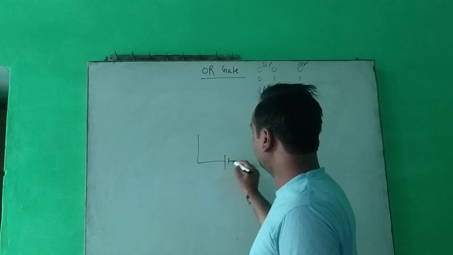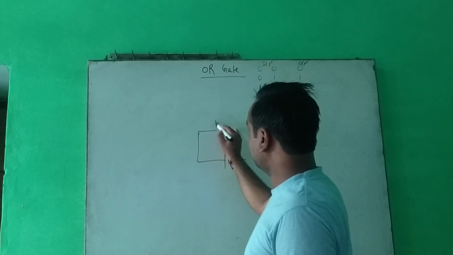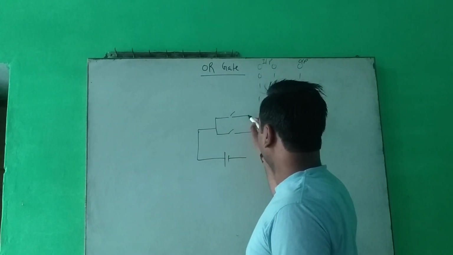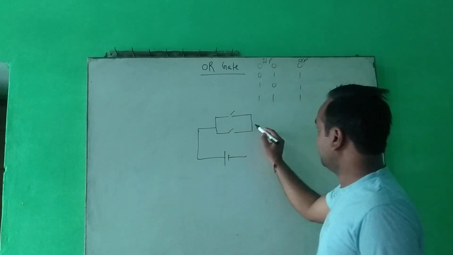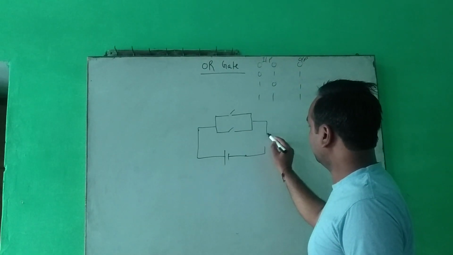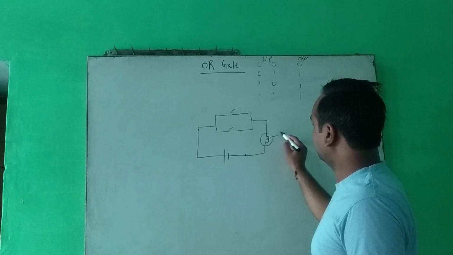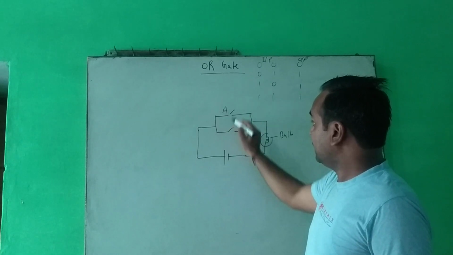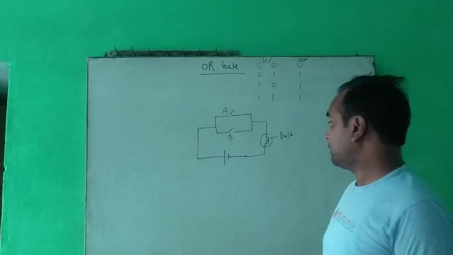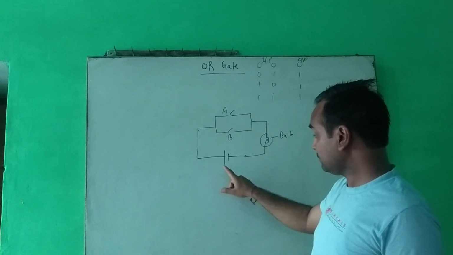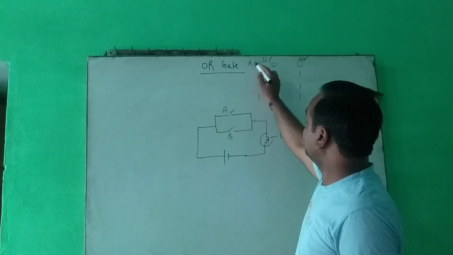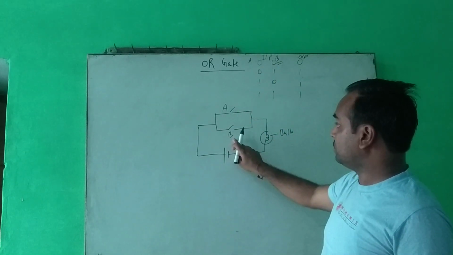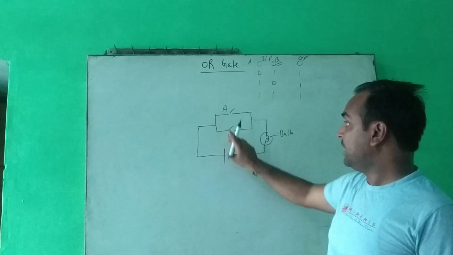We are having here the circuit diagram. This is the battery, and these are the keys or switches, and here we are having a bulb. Now A and B. If the power supply is on, this is A and this is B. If the value of A is 0 and B is 0, that means A is off and B is off.